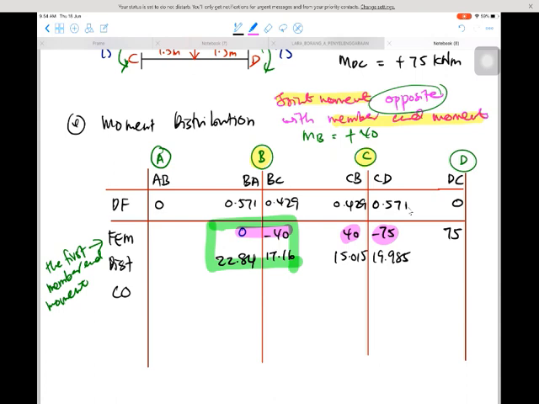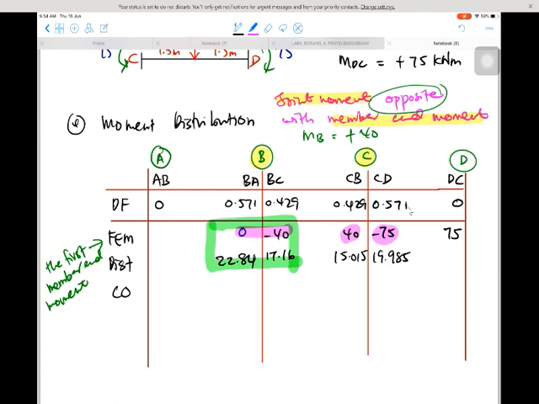And we opposite the sign because the joint moment is always opposite with the member end moment. So the joint moment for C is positive 35. This positive 35 we have to distribute to CB and CD.